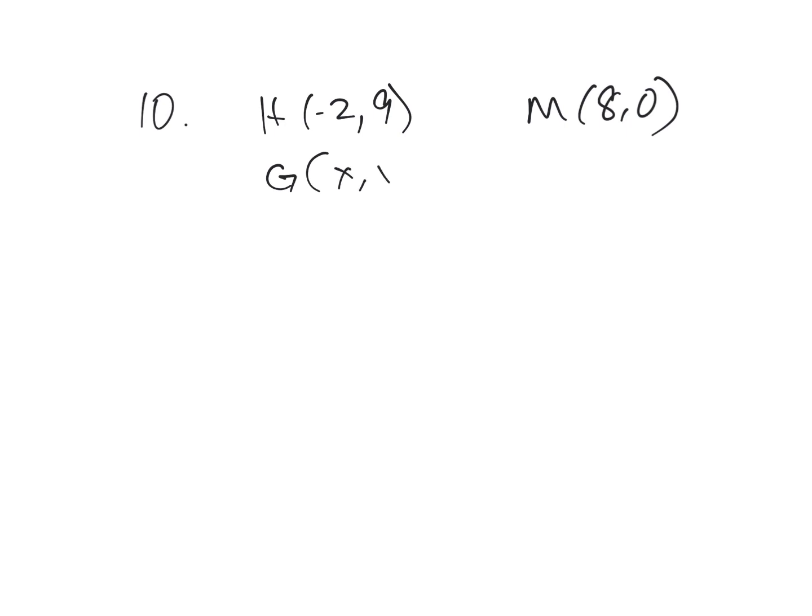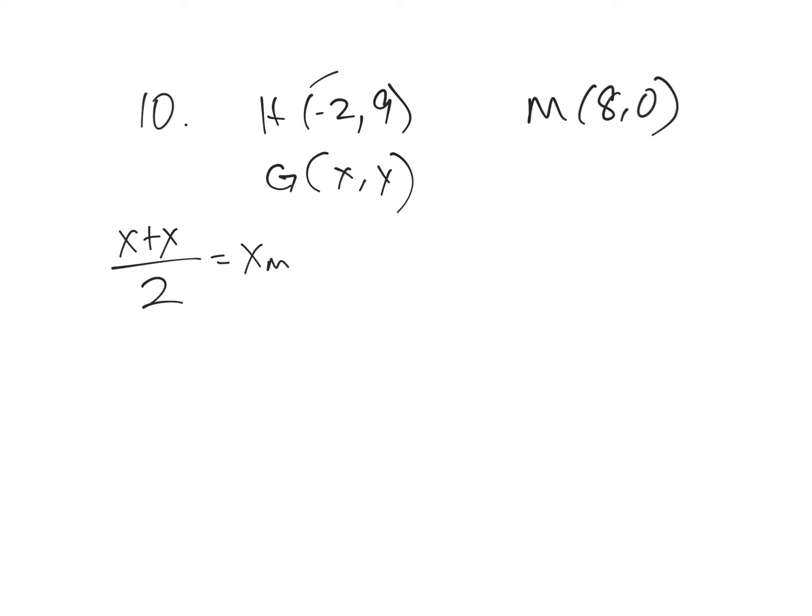So we have H is -2, 9. The midpoint is at 8, 0. What was G? What was the other endpoint? So the setup is you have to add your x's together, divide by 2, and that gives you your x midpoint.